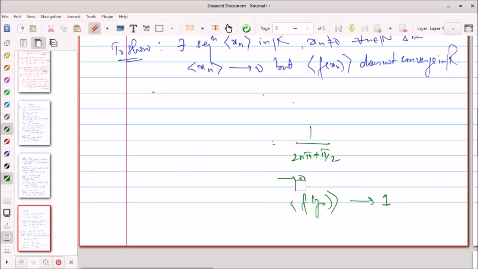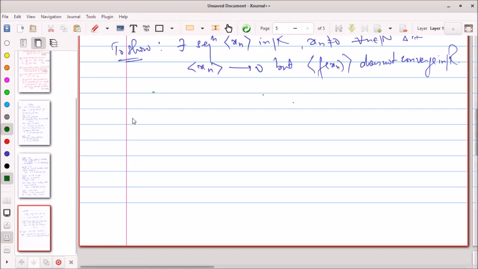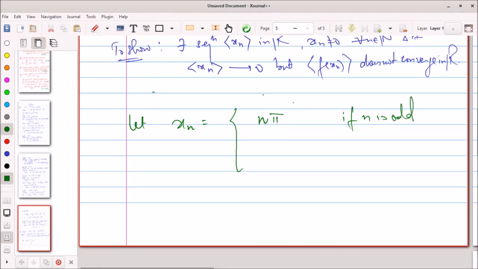So let x_n equal 1/(n pi) if n is odd, and 1/(n pi plus pi/2) if n is even.